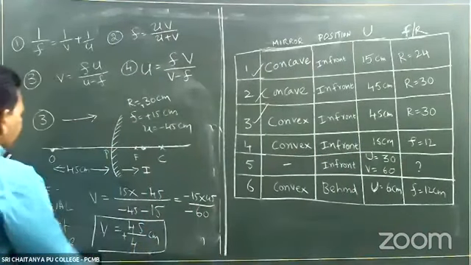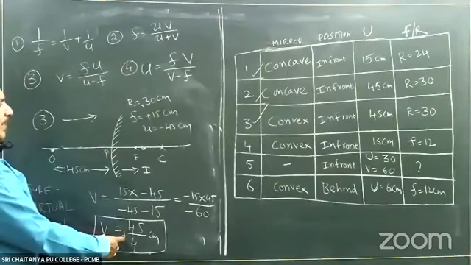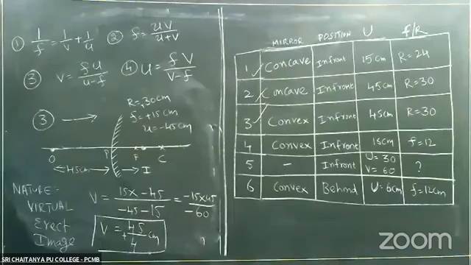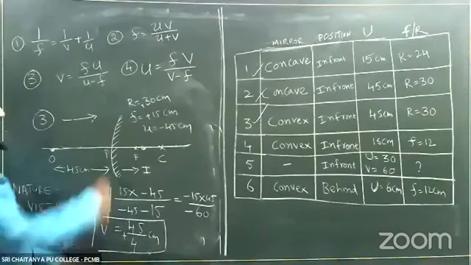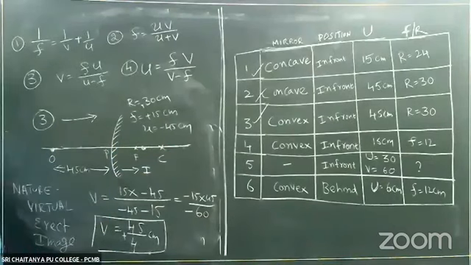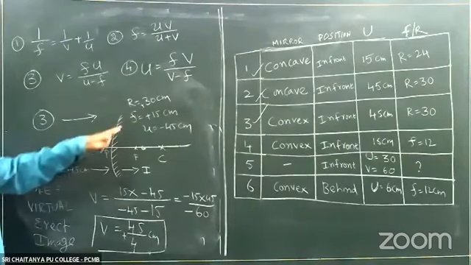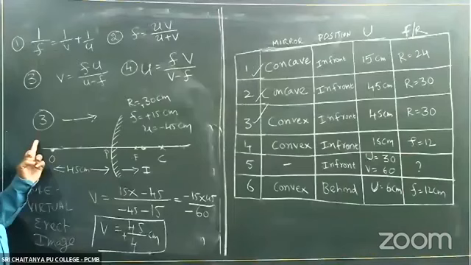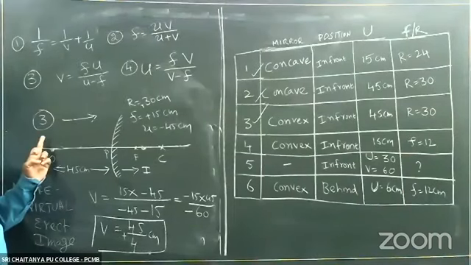Based on the sign of V. If it is negative, it will be behind P. If it is plus, in front of P. Then, if it is on the polished side, virtual image. If it is on the reflecting side, real image. Don't get confused.